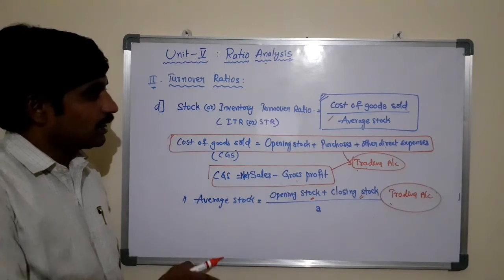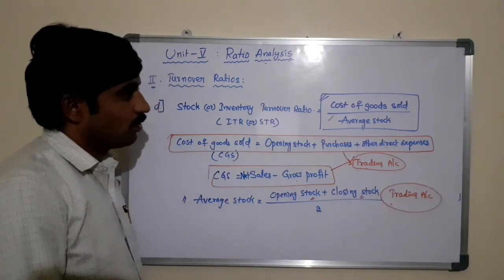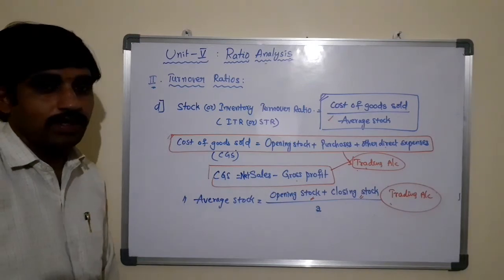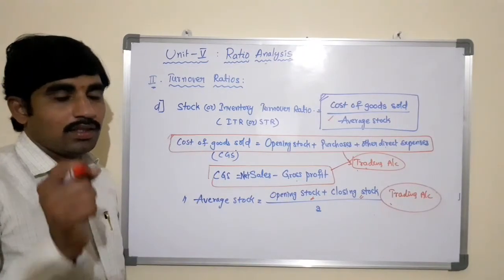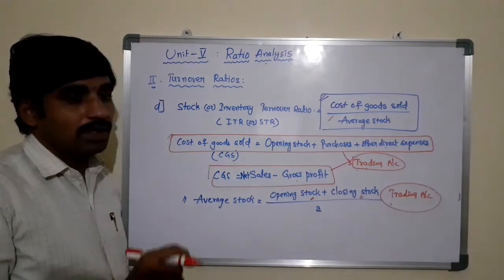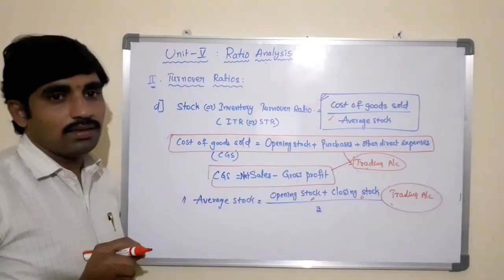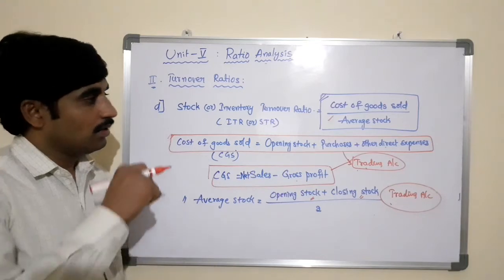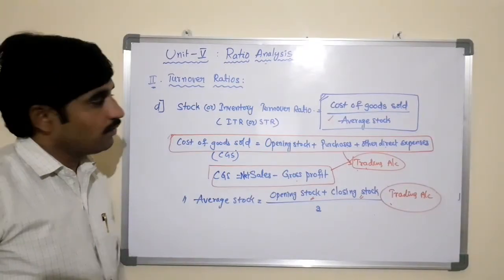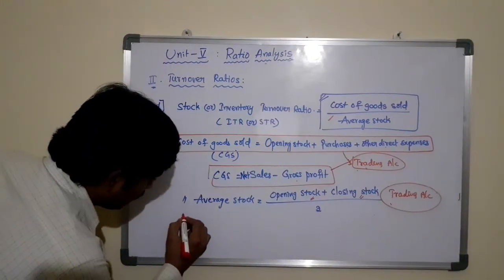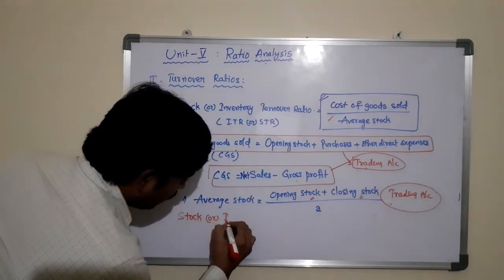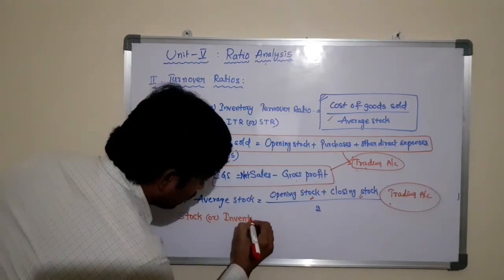After calculating the stock turnover ratio, every business would like to find the stock holding period, for how much period the stock is held in the business or the warehouses. For that they need to calculate the stock or inventory holding period.